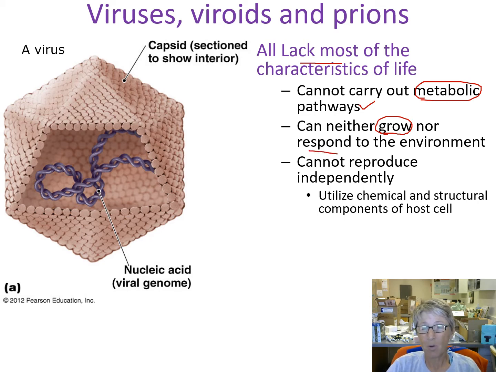They cannot respond to the environment. So, for example, if a bright light is shined in our eyes, we respond by closing our eyes or turning our head away. We're responding to a stimulus in the environment. They can't do that. They cannot reproduce independently. That just means they have to use a host cell to make more of themselves.